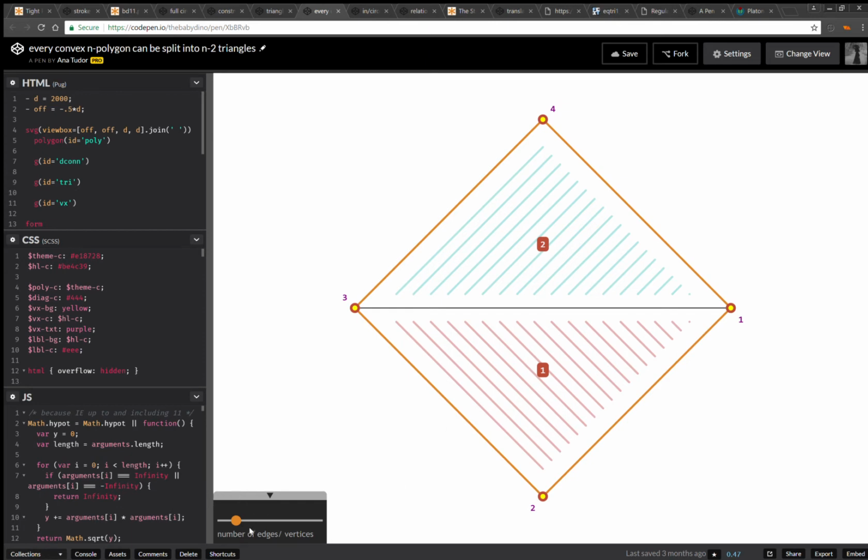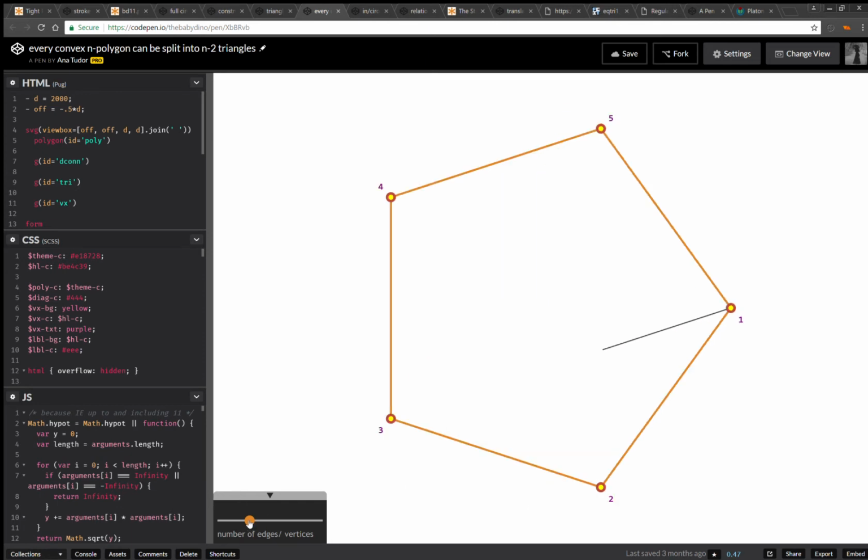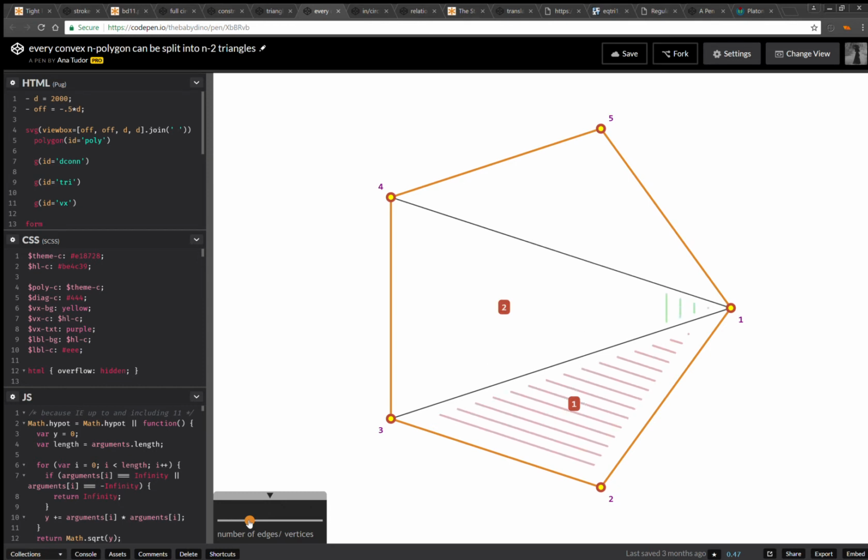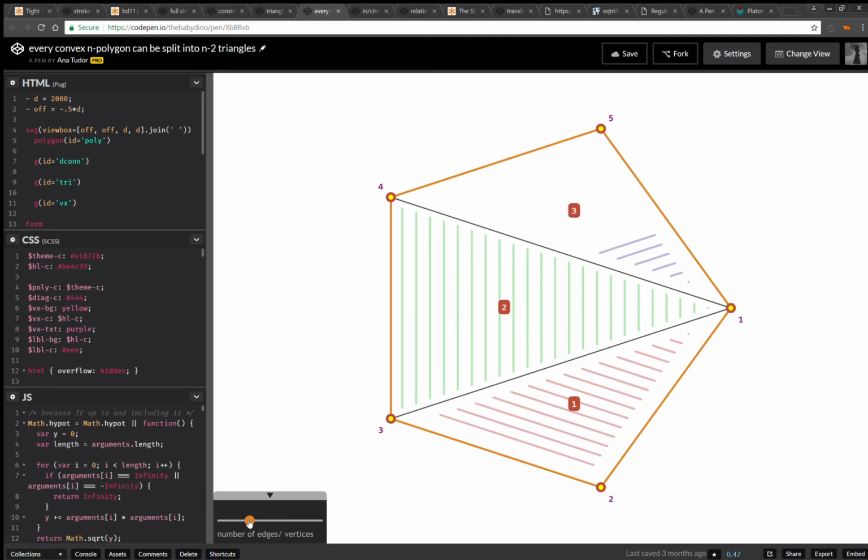The same thing for a pentagon. We can split it into three triangles, sorry. And the sum of angles of the pentagon is 3 times the sum of angles in a triangle. And the same thing for a hexagon. We can split it into 4 triangles.